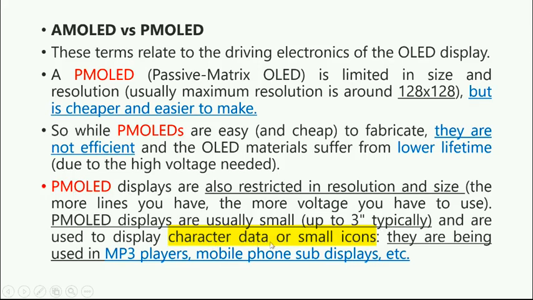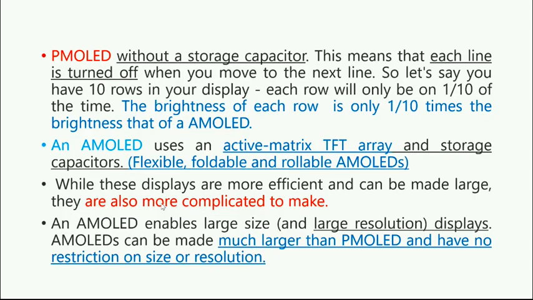So for character data and small icons in your mobile phone or MP3 players, we use this PMOLED display. PMOLED also doesn't have a storage capacitor. So what is happening there? Let's say you have 10 rows in your display.